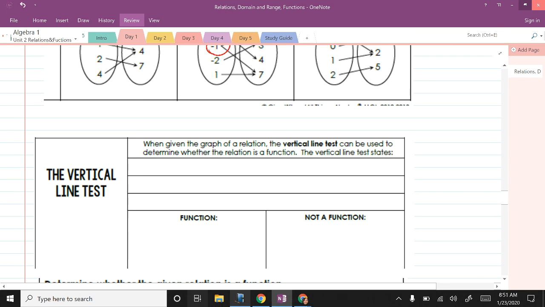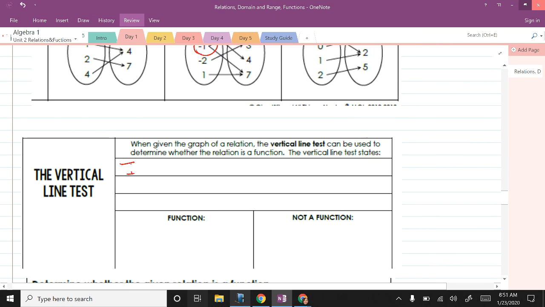So a vertical line test does just that. If you're given a graph, you can write this down: if a vertical line crosses the graph more than once, then it is not a function.